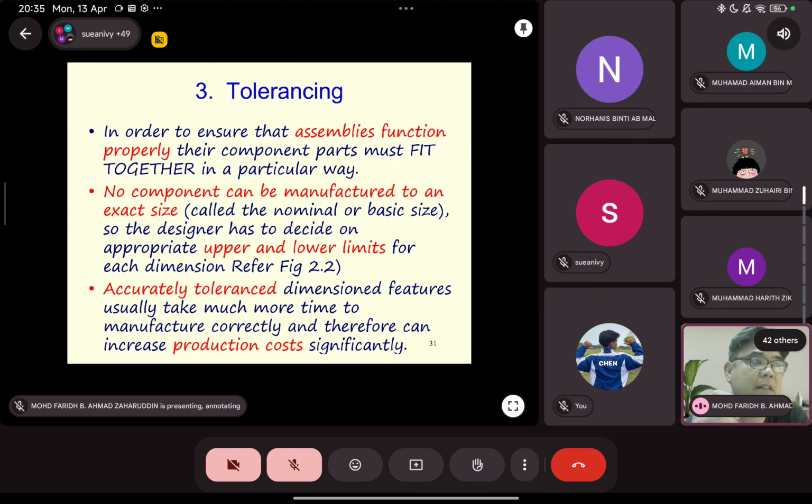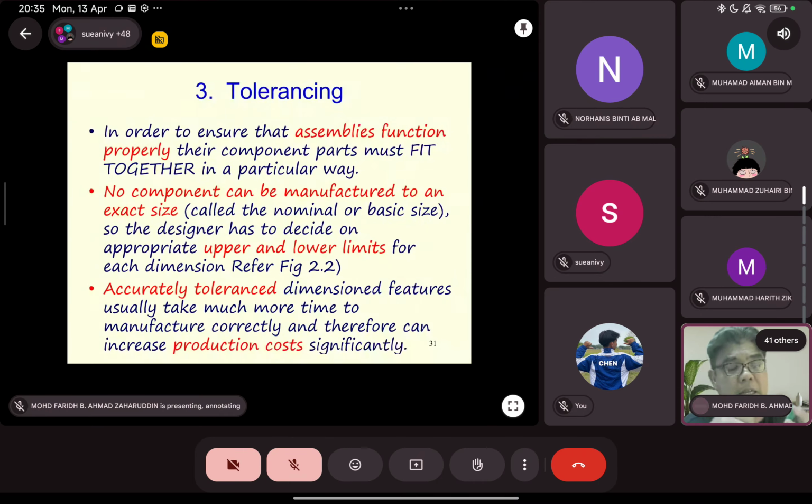So if let's say they're asking for maybe 20 millimeters diameter plus minus a few tolerance. So the closer the tolerance, it means the higher accuracy the machinists have to produce.